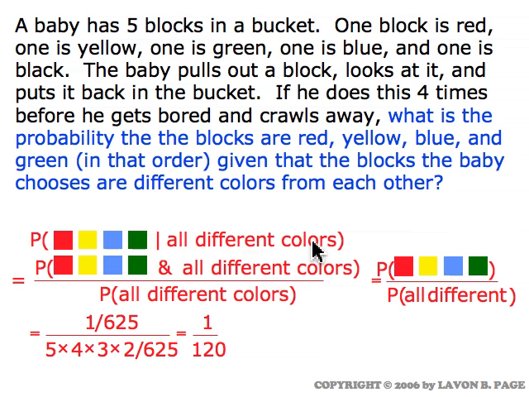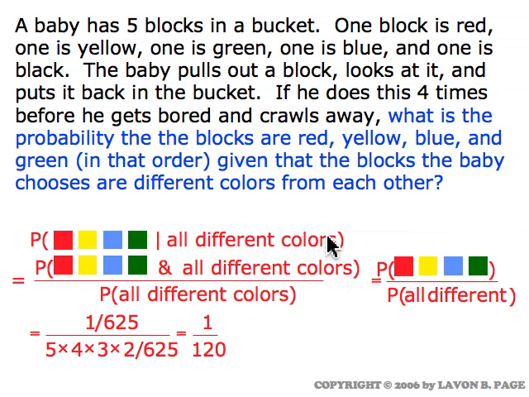So let's just plunge into this using the definition of conditional probability. The probability of this happening based on the knowledge that this happens is the probability that both things happen divided by the probability of the given information, which is that we have 4 different colors.